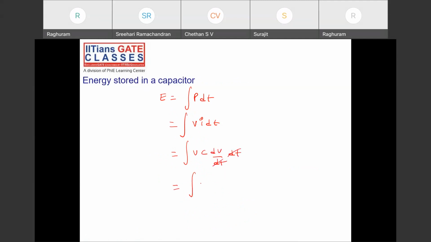So this is integral vc dv, or c into integral v dv, which is v square by 2. So energy is equal to half cv square. Energy stored in a capacitor is half cv square.